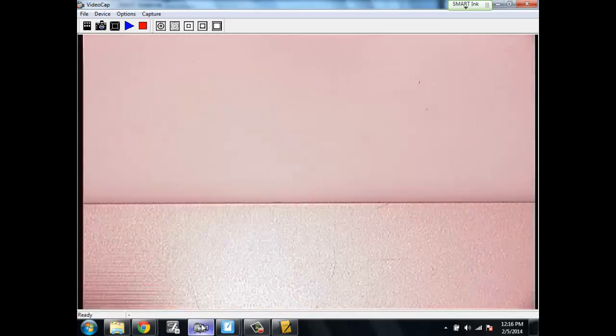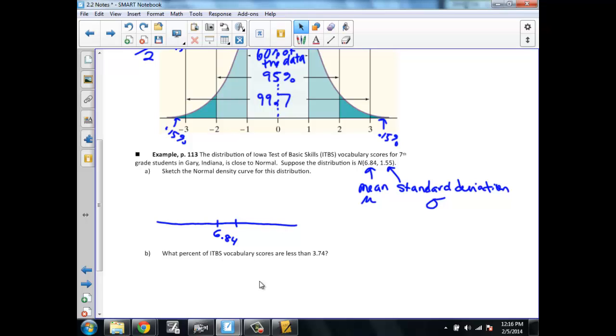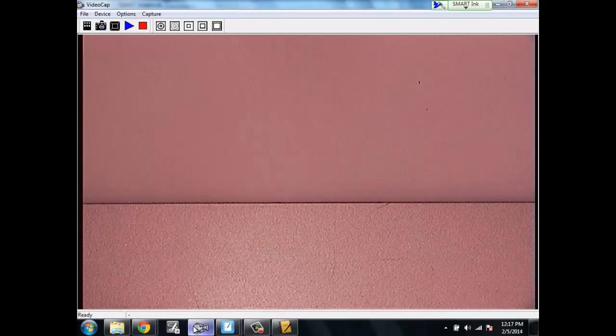So let's jot those numbers on our curve. If I add 1.55 to that, I get 8.39. Then we're at 9.94. And then we are at 11.49. And I need to go in the reverse. I need to subtract, so 6.84 minus 1.55 3 times.